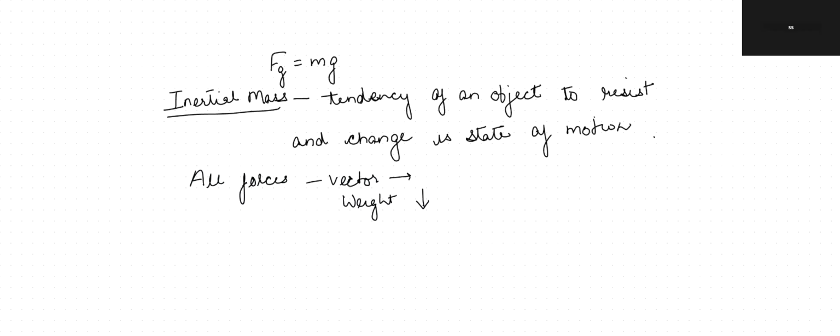So if a block is lying here and a net force is exerted on the block in the direction of motion, or velocity, we can say, then the velocity will increase.